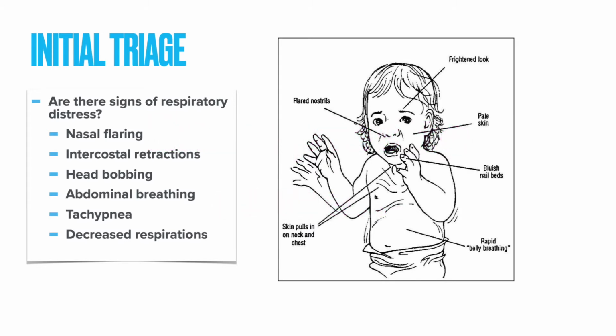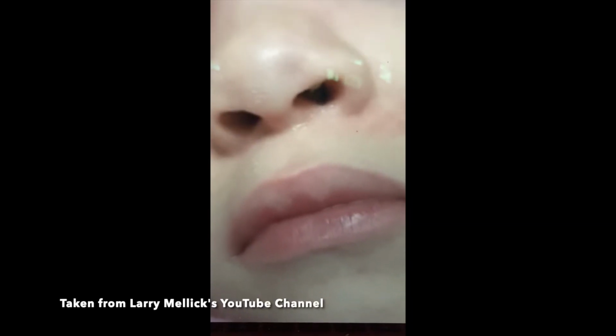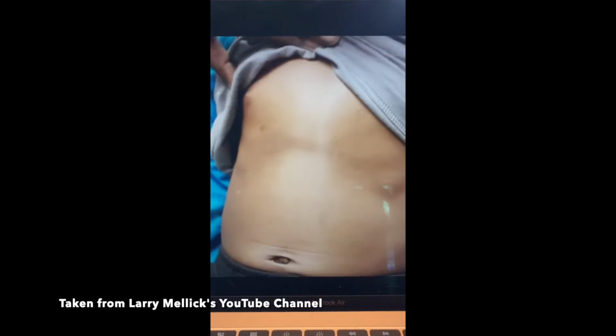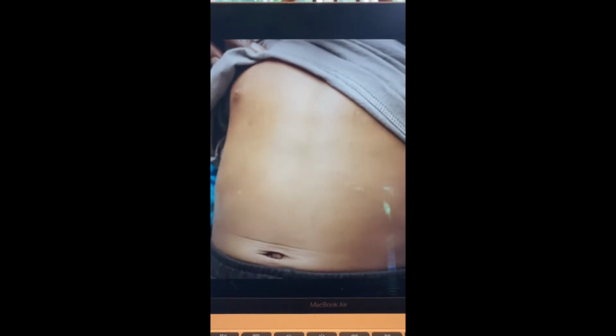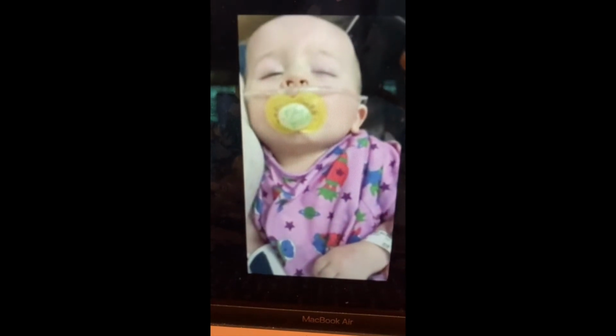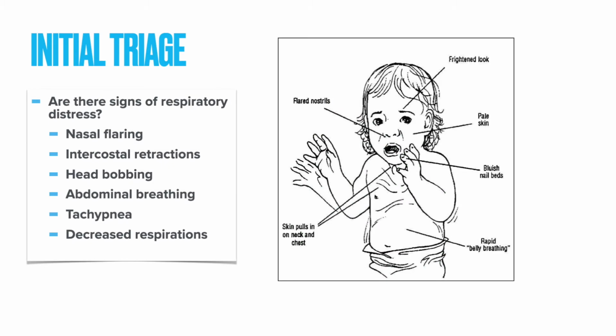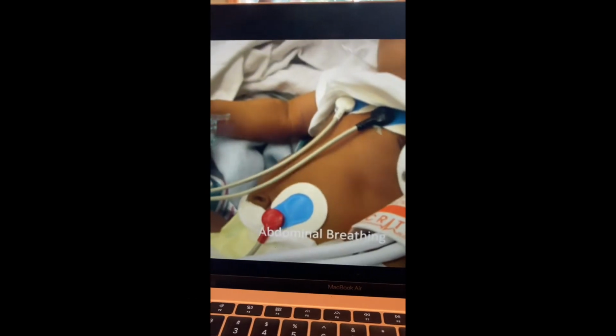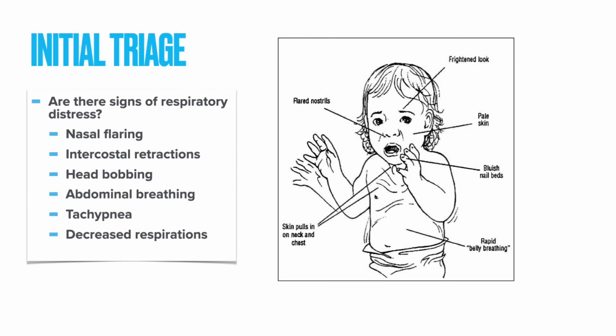So there's things like nasal flaring, intercostal retractions, head bobbing, abdominal breathing, also tachypnea, and I will show you in a second here the normal values for respiratory rate in the pediatric population. And then finally, a low respiratory rate.